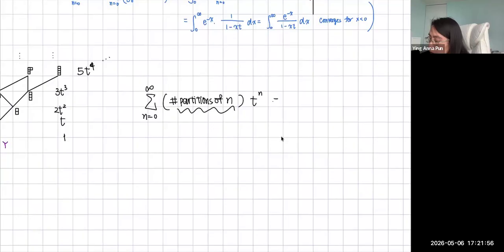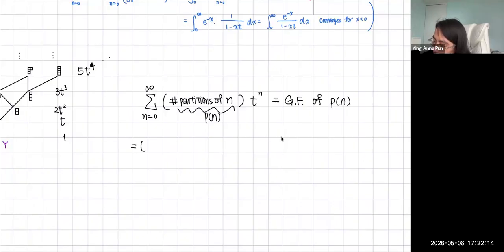Then that's actually the generating function of the partition function p(n). So this is usually called p(n), and this is well known.